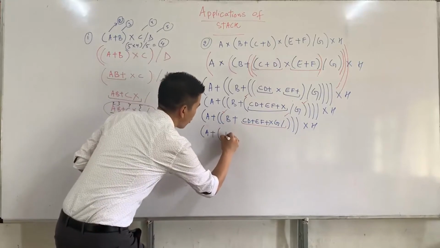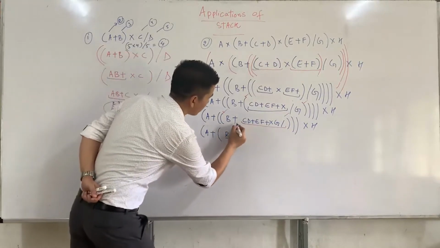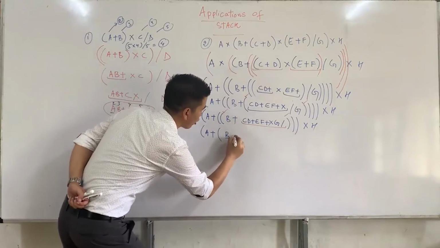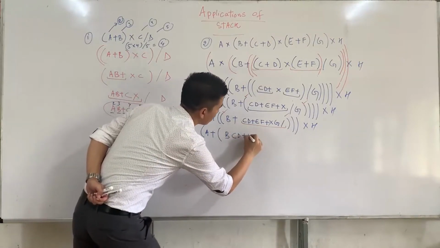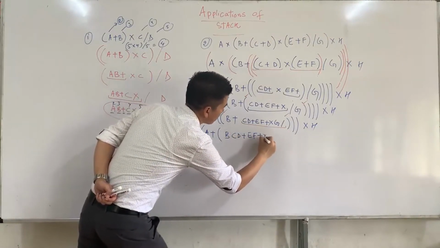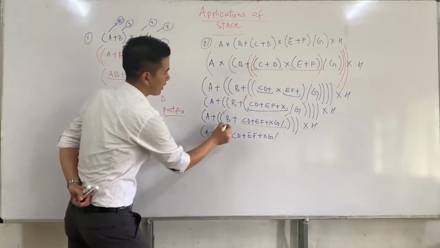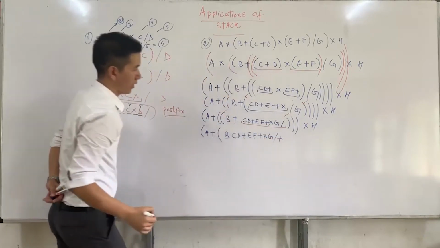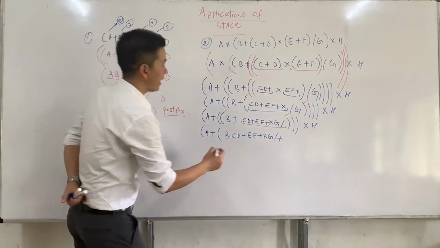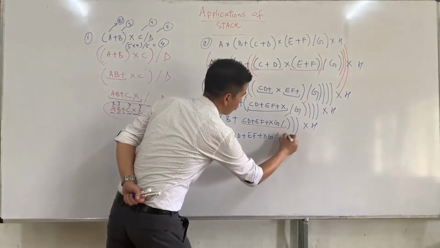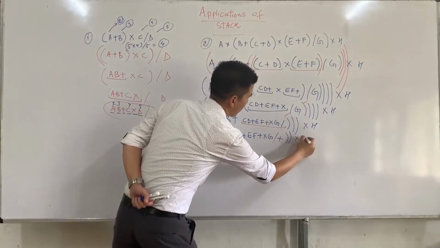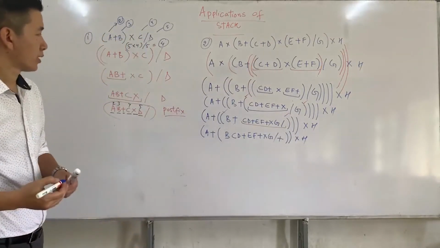So B is the first operand, this is the operator. This is the second operand, CD plus EF plus multiplied by G slash, and then comes the plus sign. And then you have how many braces left? 1, 2 multiplied by H.